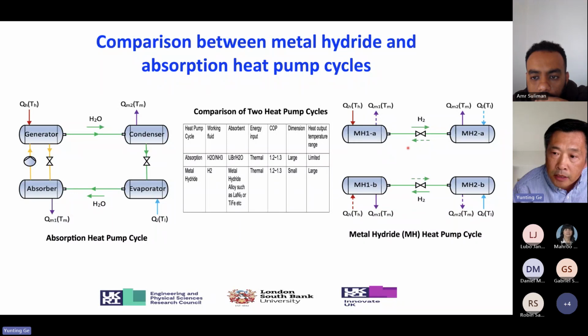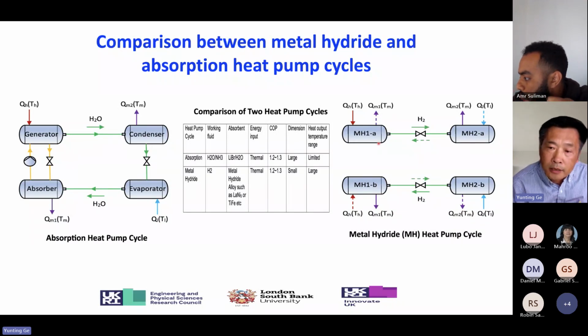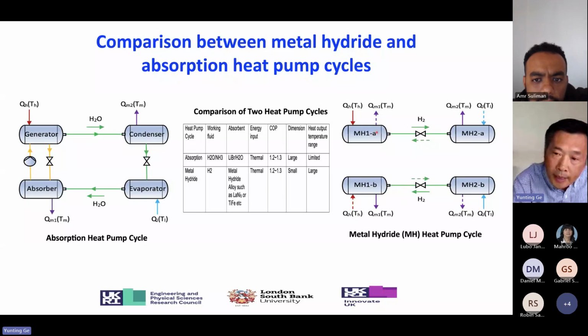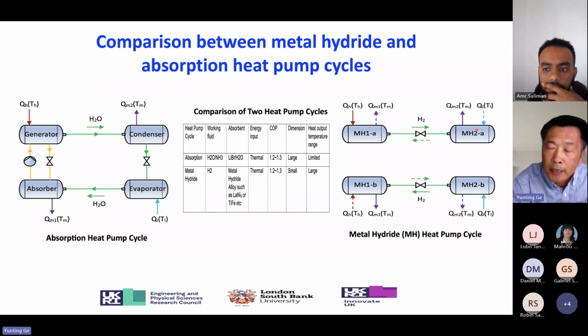Each metal hydride reactor pair consists of two reactors. The first one we call the high temperature reactor, and we give it the name MH1, and the second one is the low temperature metal hydride reactor, which we call MH2.